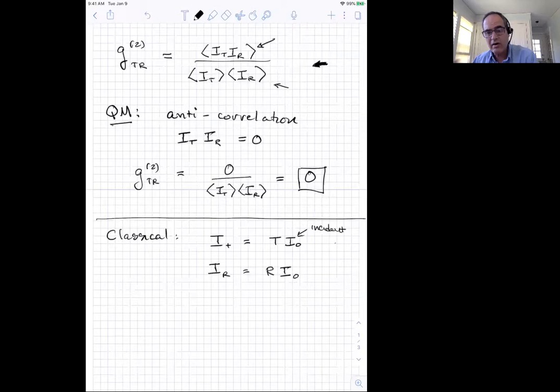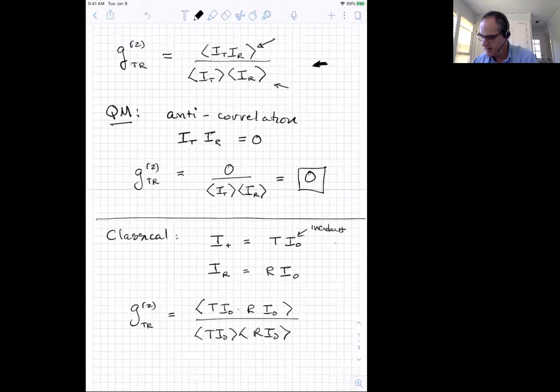If I0 is also steady in time, then it's of course quite simple to work out G2TR. It would just be T I0 times R I0 average divided by the average of T I0 times the average of R I0.